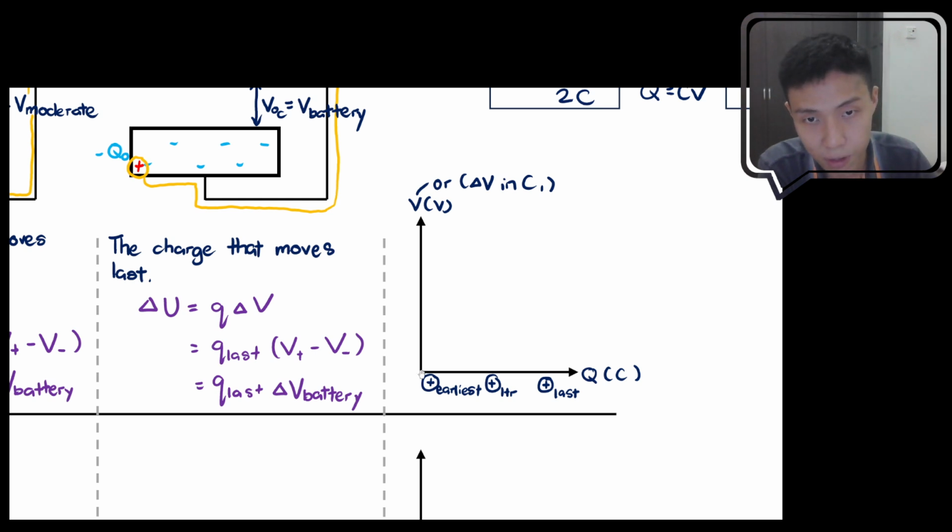So it's like this is the first charge that moved, the second charge that moved, the third charge that moved, up until the last charge that can move. I'm simplifying a situation that I'm drawing just 3 charges. But I can think of it as the first small amount of charge, the second small amount of charge, the third small amount of charge, the fourth small amount of charge, up until the last amount of charge. This is the idea that I'm illustrating here.